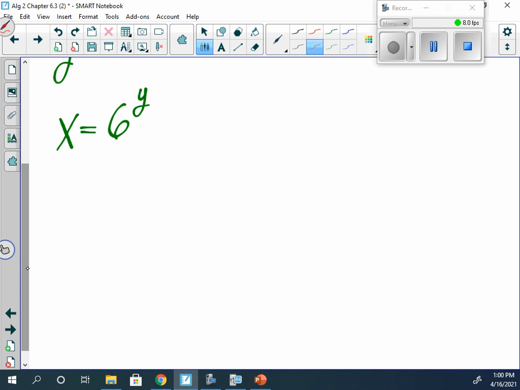So we do need to use logarithms. What we did yesterday, how we rewrote an exponential function as a logarithm, would be what? We would have log base, do you remember from yesterday, what would the base be?